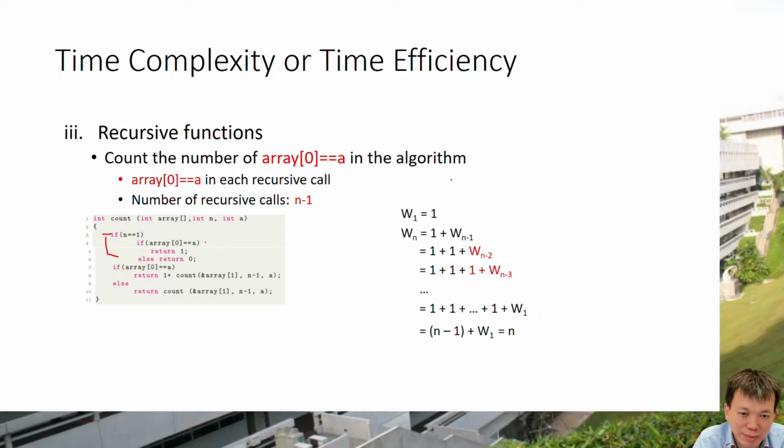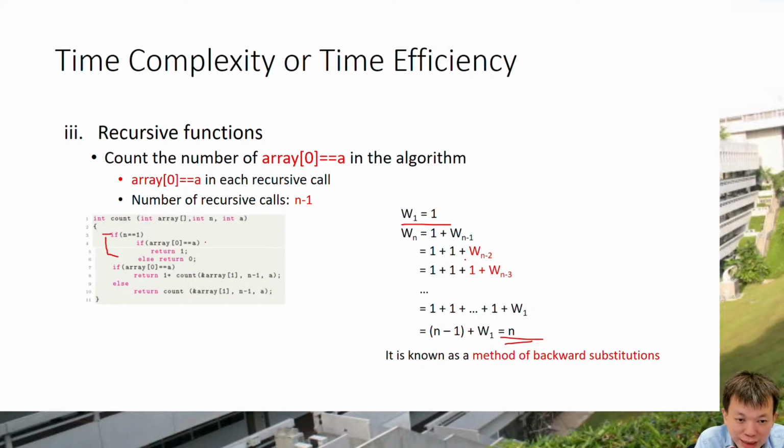So that means W1 is equal to 1. So the total is, not surprisingly, n. So the total number of array 0 equal to A in this algorithm is n times. Of course, this is quite simple.